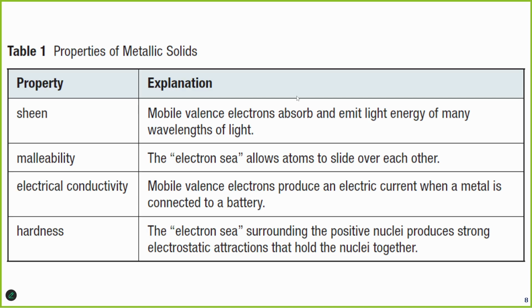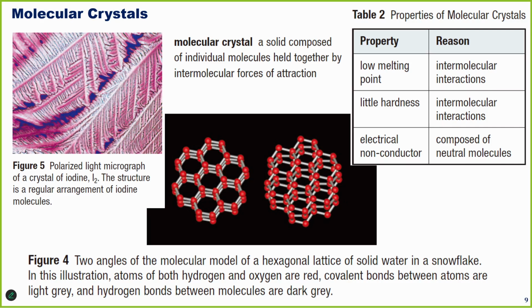Okay, if we finish, let's have a look at the next types of substances, which is molecular crystals. Some substances called molecular crystals form crystal lattice structures when in the solid state, including sulfur, iodine, water, and carbon dioxide.